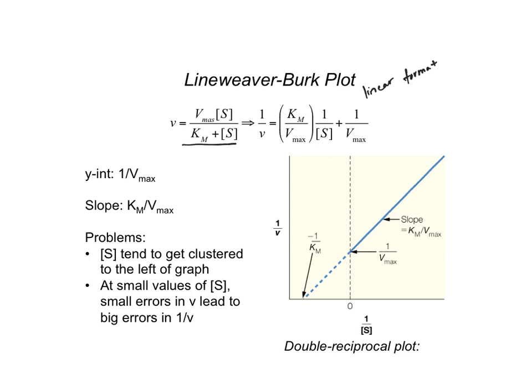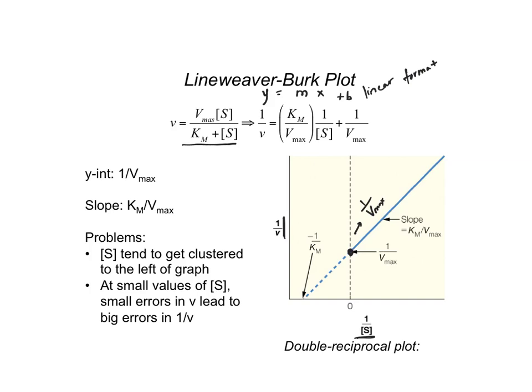In the Lineweaver-Burk plot, we plot 1 over velocity on the y-axis and 1 over substrate concentration on the x-axis. So this takes the form y equals mx plus b. The y-intercept ends up being 1 over Vmax. So if you've used some sort of linear regression, you could fit this line, get the y-intercept, and determine Vmax from that.